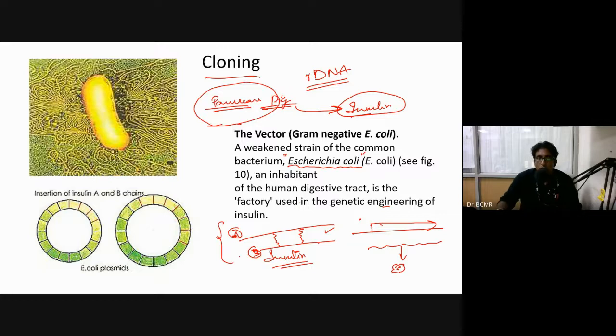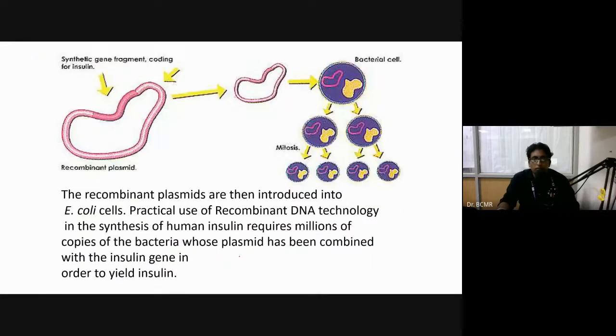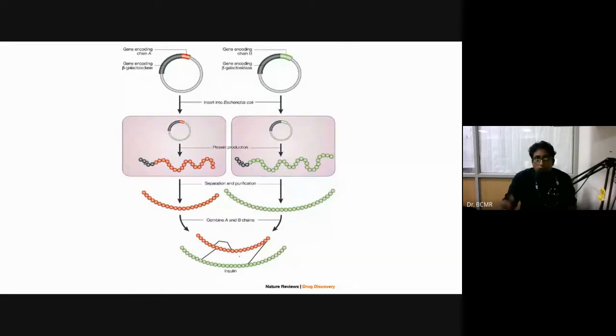I will only go through a few things. As I said, we can clone the open reading frame for chain B in one plasmid, and the open reading frame for the other chain in another plasmid.